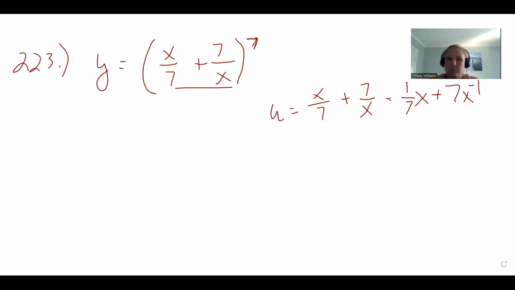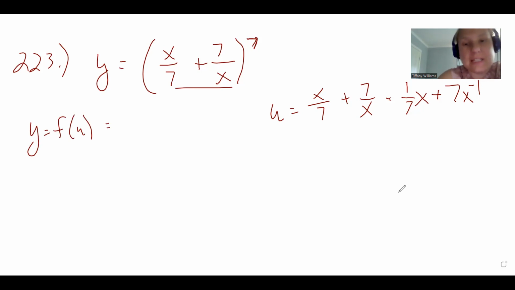Remember, if you pull that x up off the denominator, that power becomes the negative 1. That's going to make it much easier for me to take the derivative. So what's my f of u, or my y? We said that the stuff on the inside is u, so f of u, or y, is the same thing as u to the 7th.